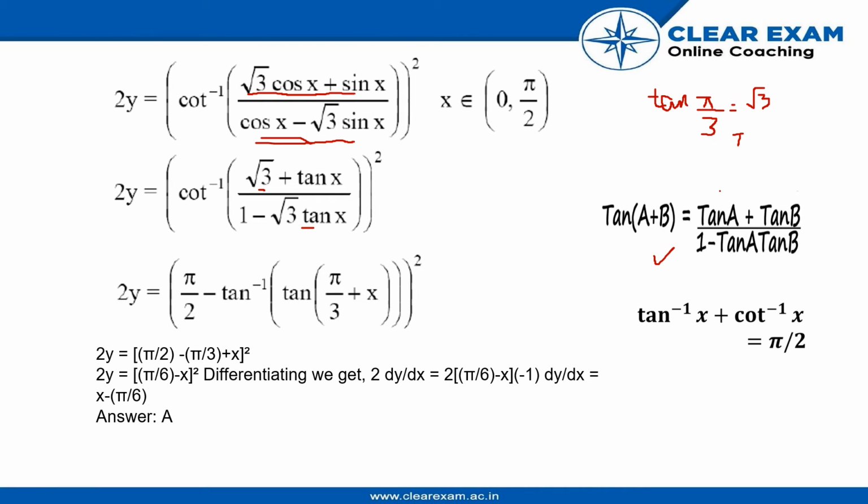So our tan a here is tan pi by 3 and tan b is tan x. Then we get our value of tan a plus b as tan of (pi by 3 plus x).